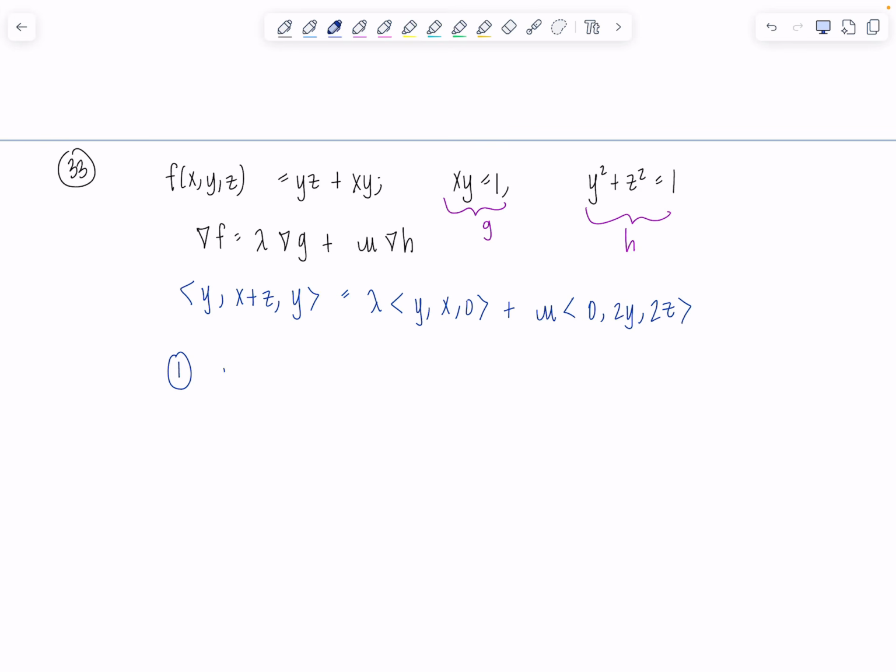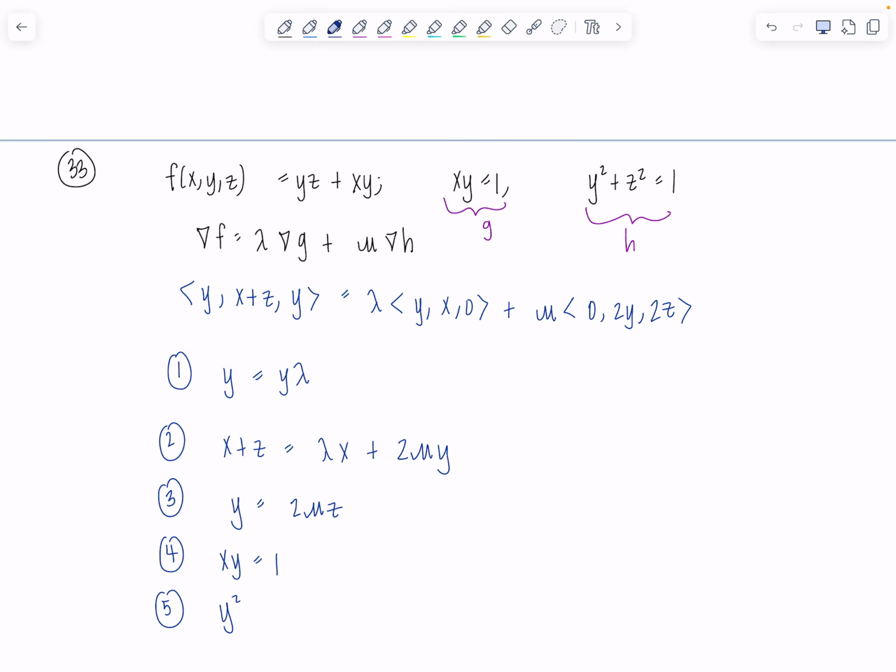So 1: y equals lambda y plus 0 times mu, so I'm not even writing it. 2: x plus z equals lambda x plus 2 mu y. 3: y equals 2 mu z. And 4 is the constraint. The order doesn't matter, as long as you have both of them on there.